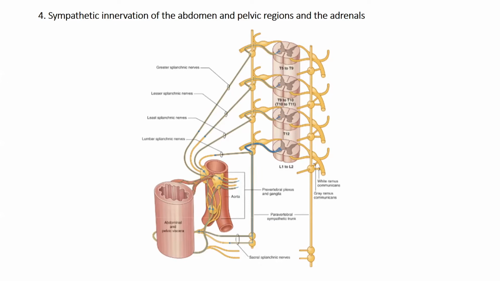system. So these are the details of the sympathetic and autonomic nervous system pathways in 4 different ways to understand their pathway.